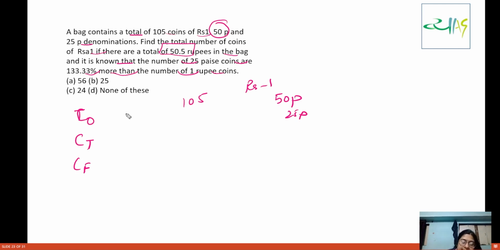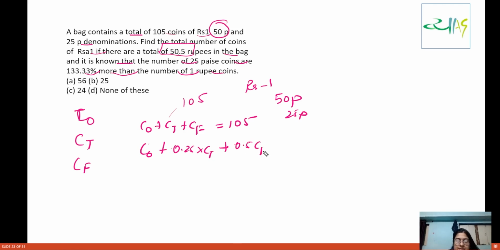Then it is saying CO plus CT plus CF is equals to 105. Fine. Then it is saying the total rupee is 50.5. So CO plus, 1 rupee will contribute 1 only, and CT means 0.25 into CT, and this means 0.5 into CF is equals to how much? 50.5.